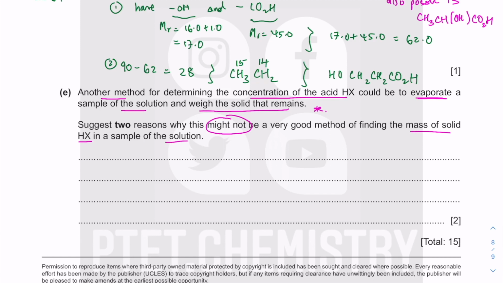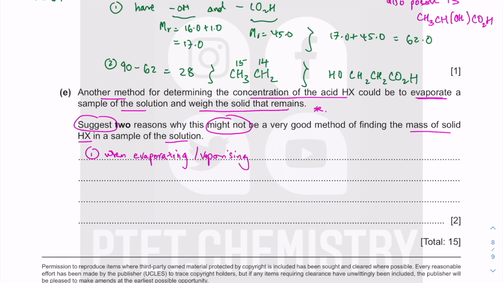So what can we say? How would you evaporate? How would you take off the solution? All right, so suggest 2 reasons. So it's about suggesting again, so I can think of a couple. Let me just think this through. When evaporating, assuming that we don't want to wait a couple of days to evaporate it, we would vaporize it.